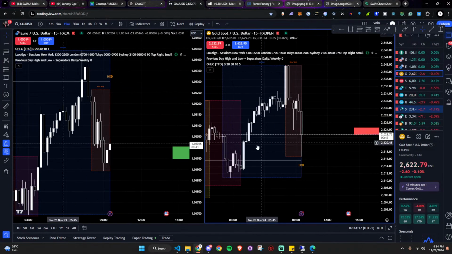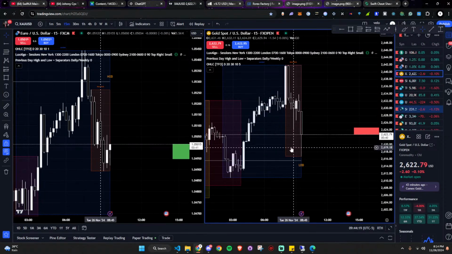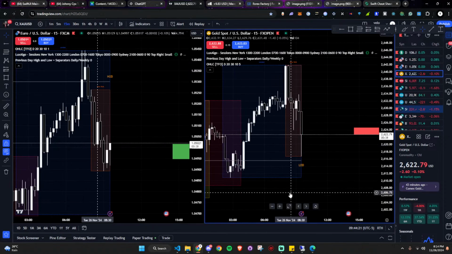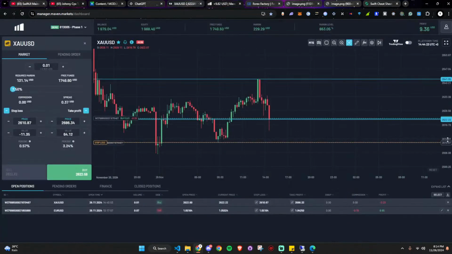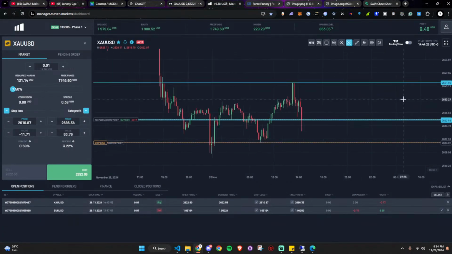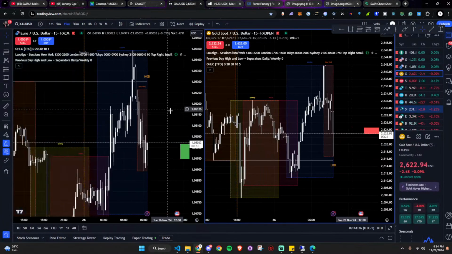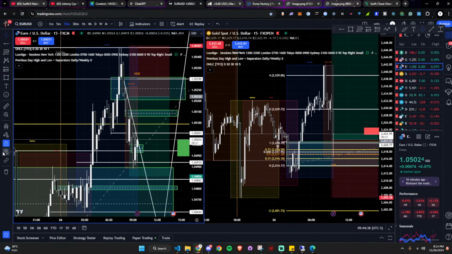It's rejected this price level. Balance price range. BPR. So once it hits this level, I will sort of break even.